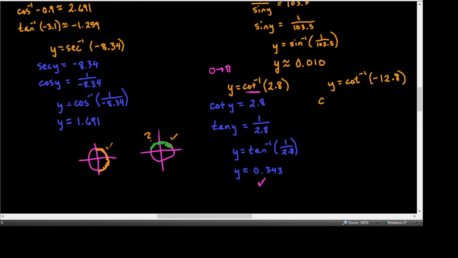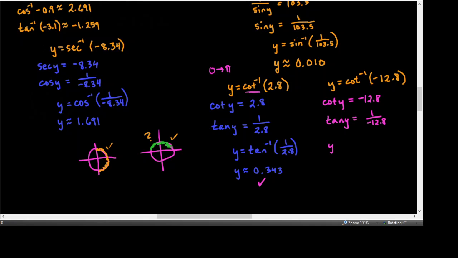Let's see what we get over here. So writing this equation without the inverse, I'll go ahead and leave that in a different color, kind of highlight it. Rewriting the equation without the inverse is cotangent of y equals negative 12.8. The reciprocal on both sides would be tangent of y equals 1 over negative 12.8.